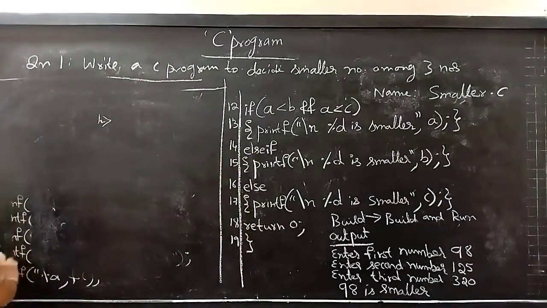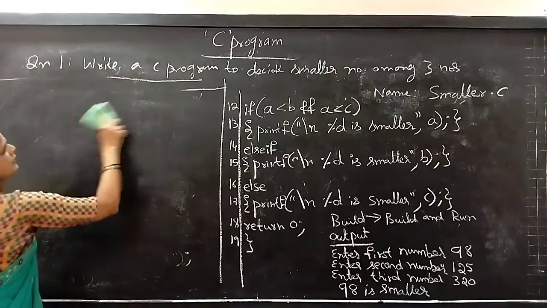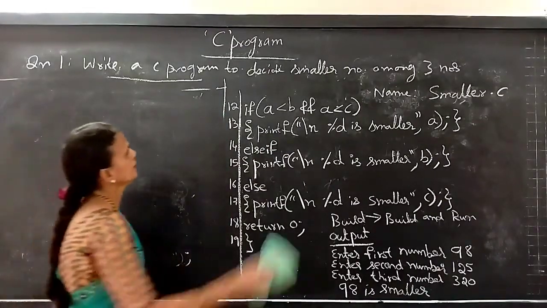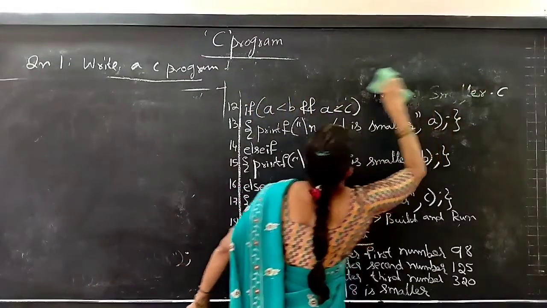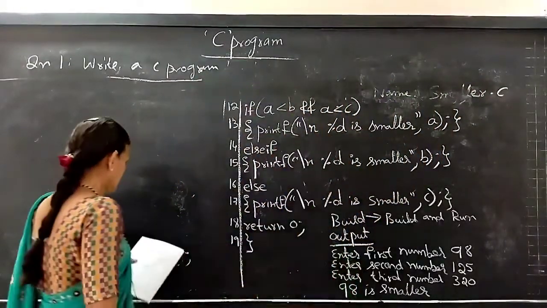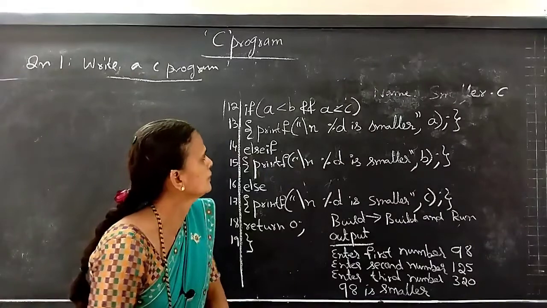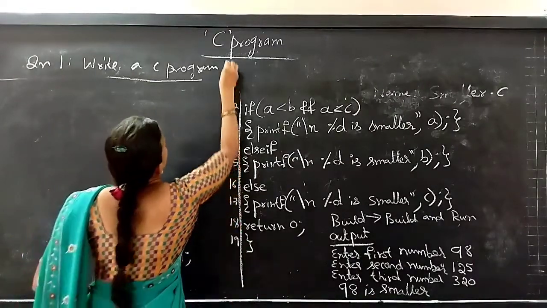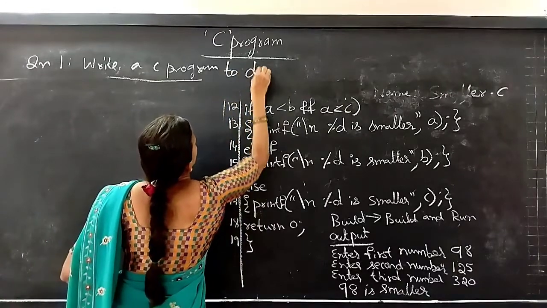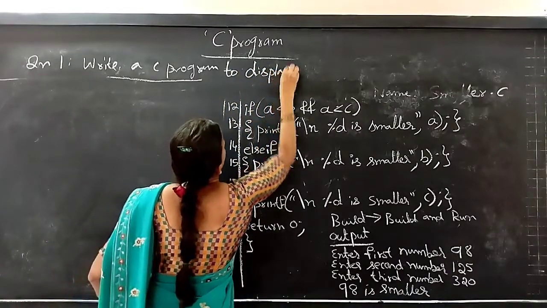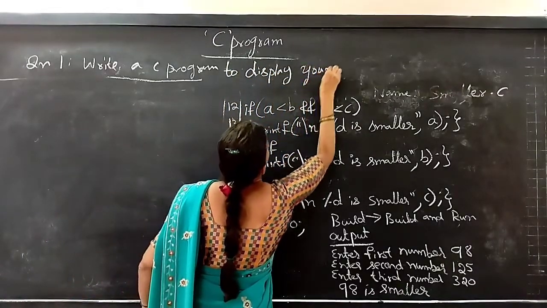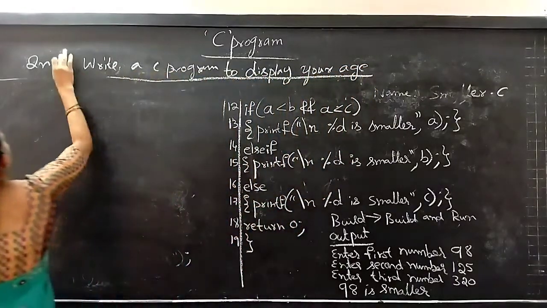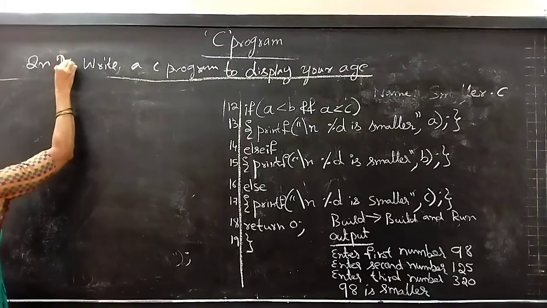Now the question will be: write a C program to enter your age or display your age. This is question number 2.